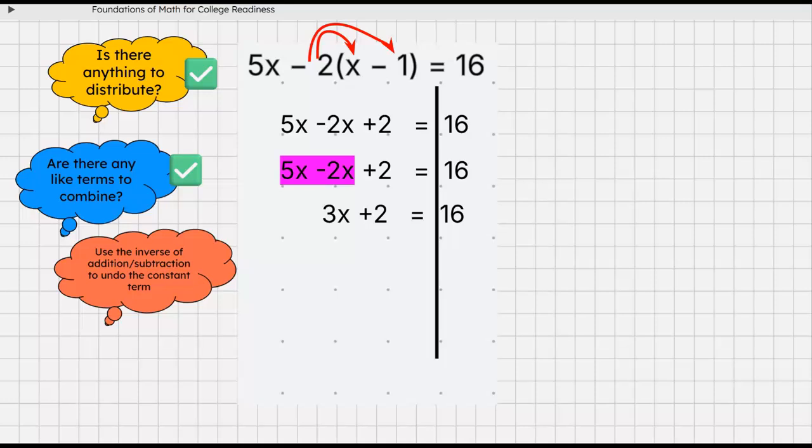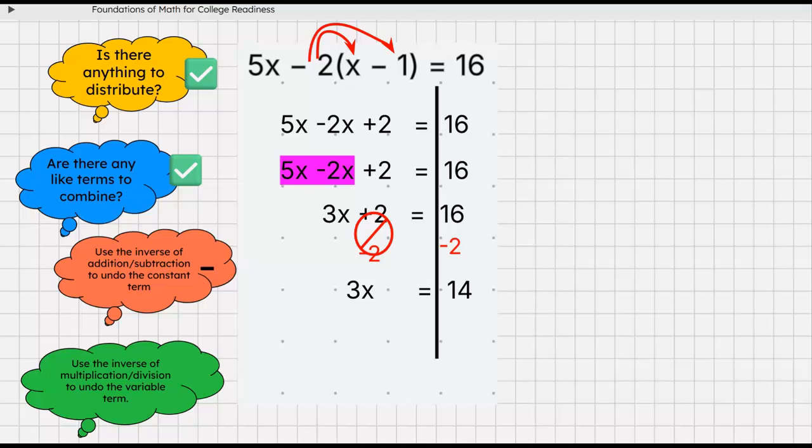So we will use the inverse of addition or subtraction to undo the constant term. In this case, the constant is a positive 2. So we are going to use the inverse of addition, which is subtraction, and subtract 2 from both sides. When we subtract 2 from both sides, we end up with 3x equals 14.